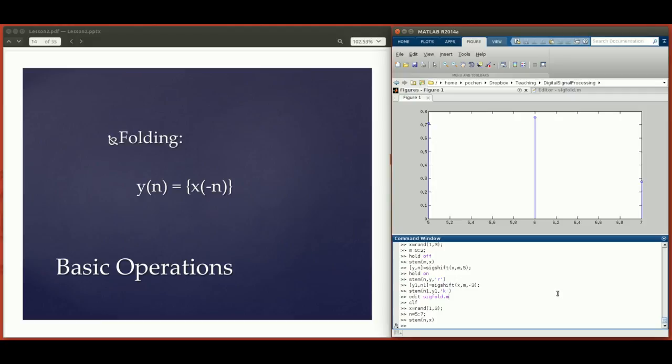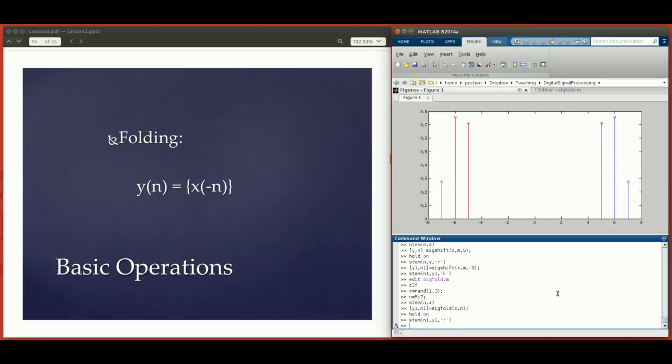So if I do y1 n1 equals sigfold x n. Then if I hold on to the old plot and do a new stem n1 y1, but with red, you will see.